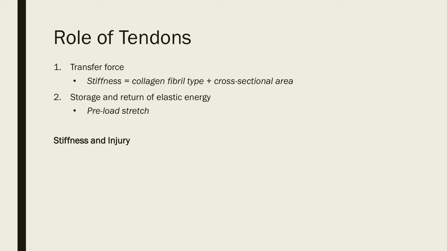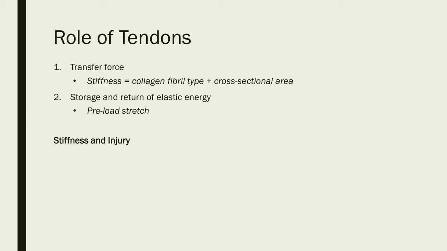But you also have, with stiffness and injury of a tendon, a more compliant tendon will strain more and store more energy when a force is applied to it, but a stiffer tendon will store less energy for a given force, but it's actually going to be able to transfer that force more quickly and is likely to also withstand a greater force before failure.